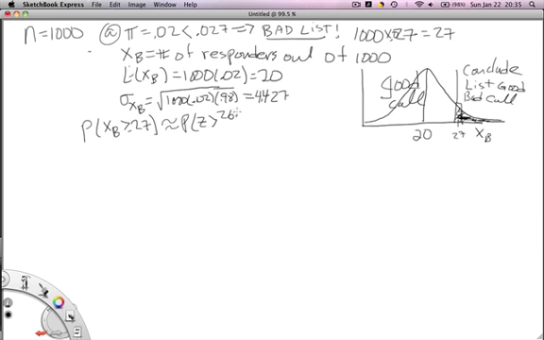So 26.5 minus the mean, which in this case is 20, divided by the standard deviation, which is 4.427. The Z value is 1.47. We go look that up using NORM.DIST. You'll find that the answer is about 0.071.